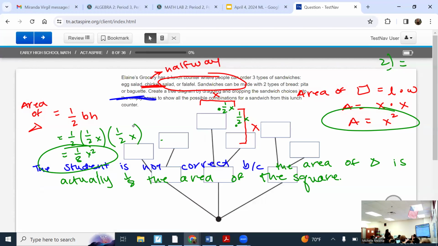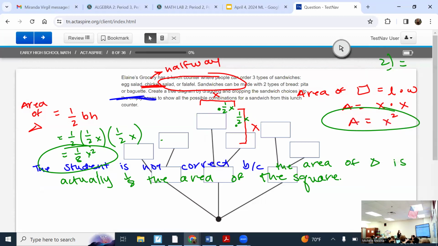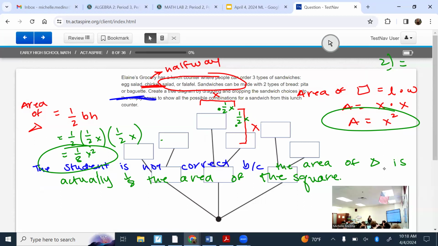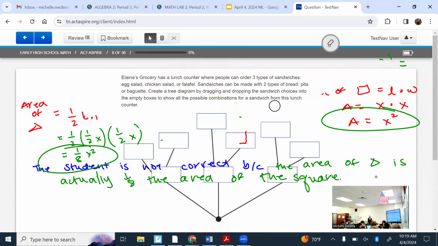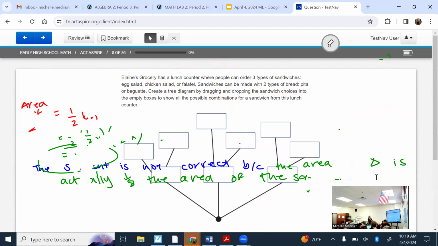Okay. So on this one, try this. All right, but number 8, Elaine's, this is one you're talking about, right? David? This is what you're talking about? Okay. So Elaine's Grocery has a lunch counter where people can order 3 types of sandwiches, egg salad, chicken salad, or falafel.